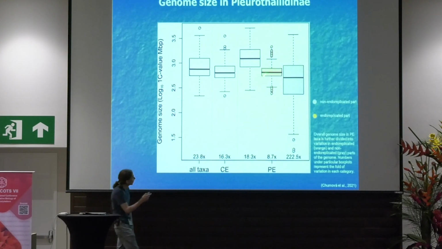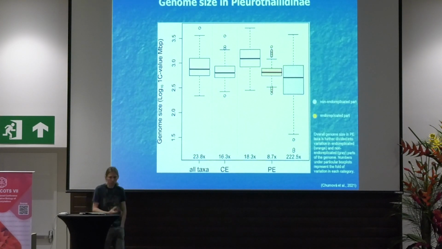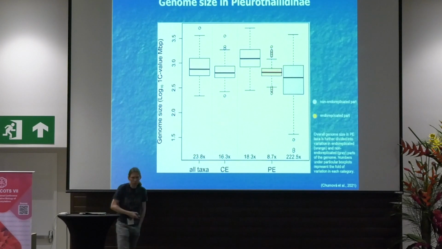And you can see that this part, which is non-endoreplicated, it's conserved in evolution, and it has similar size as the whole genome of that species with conventional endoreplication. But that part, which is not endoreplicated, this is what is highly variable, and what is probably very quickly evolving in evolution, and what is creating this higher variability in species with partial endoreplication.